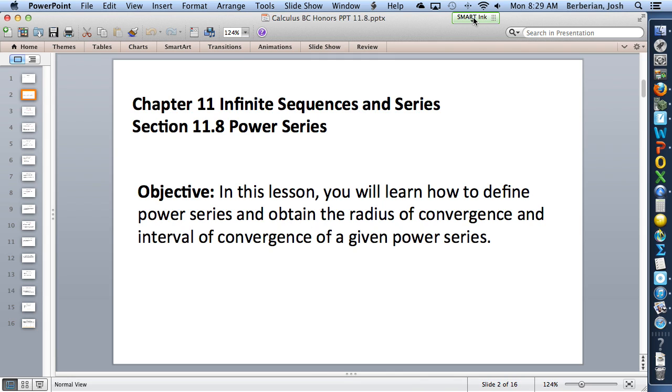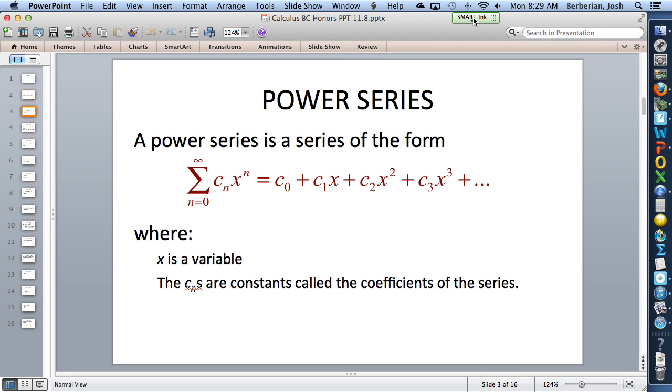Power series are one of the good series at modeling functions. Then we're going to talk about Taylor series and Maclaurin series, which are types of power series. So this is what a power series looks like. It's in this form.